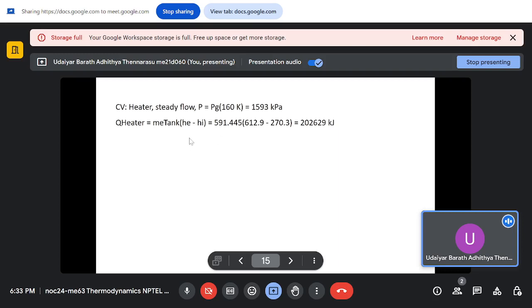So substituting this in the energy balance across the heater, it will be the mass of LNG which is coming out of the tank into the enthalpy difference. So the mass which is coming out is 591.445, which we calculated from the previous part, into your enthalpy difference, which will come out to be 202629 kilojoule. So this is the amount of heat which we are supplying in the heater.